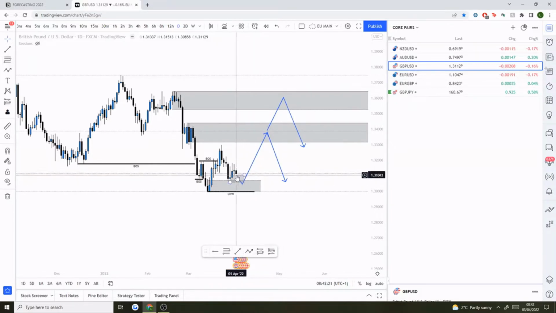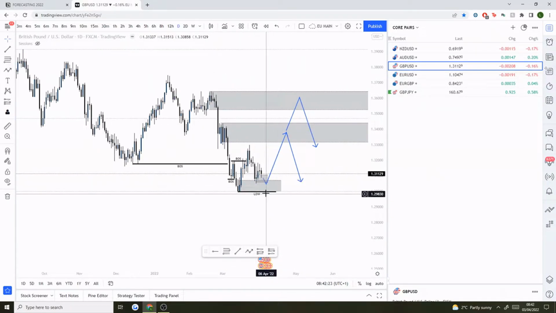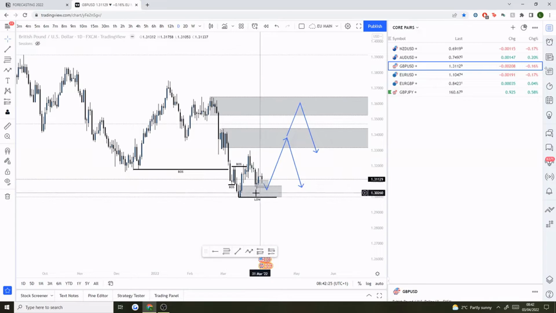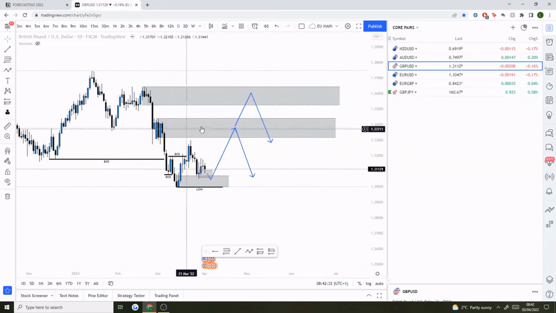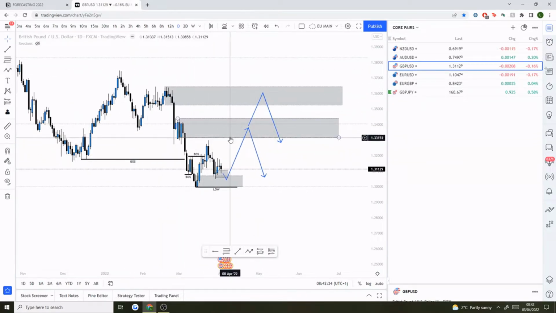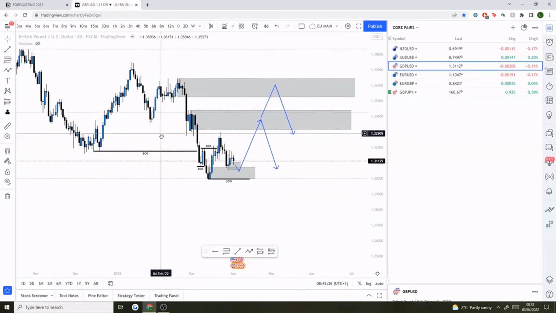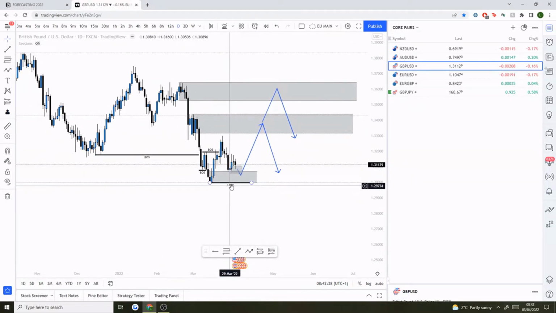That said, while I do think it's fine to look for buys right now, we are in a bearish trend on the daily, and within that trend there are these two clear order blocks which are unmitigated, which could easily act as institutional supply areas. So whilst I'm anticipating buys this week, as price gets into here I would not be surprised at all if we start to see the sell volume coming in.